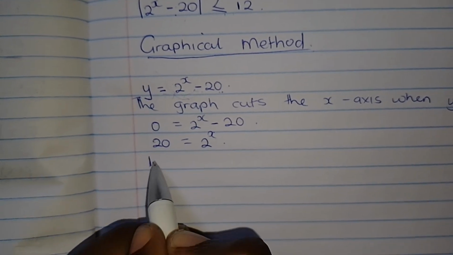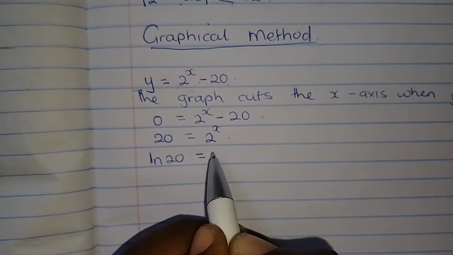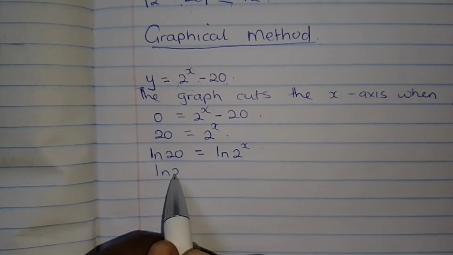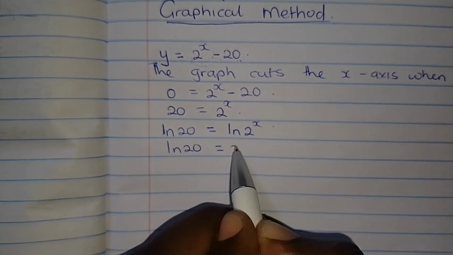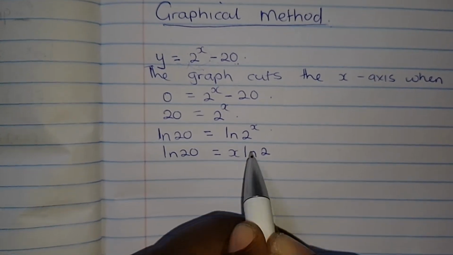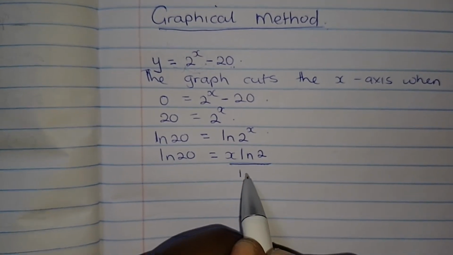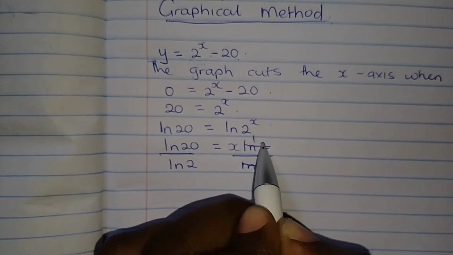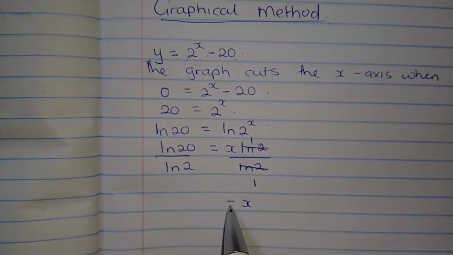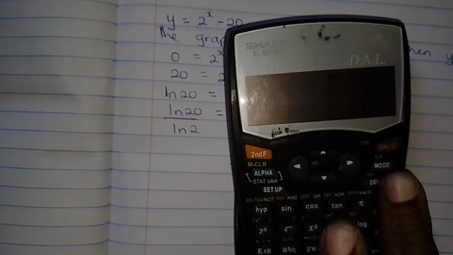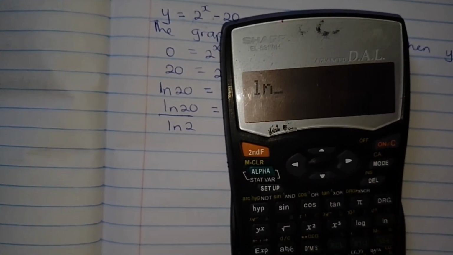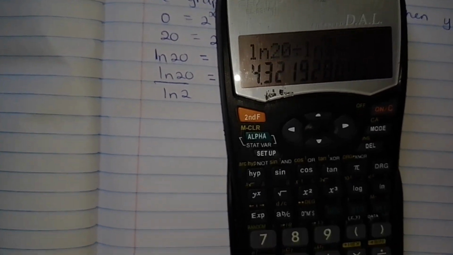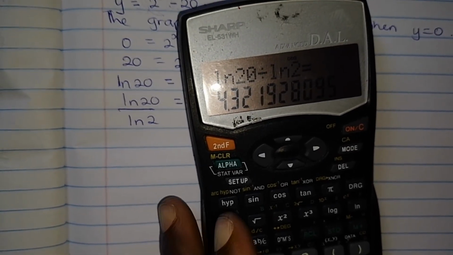Introducing ln both sides, ln 20 equals ln 2 to the power x, so ln 20 equals x ln 2. Dividing both sides by ln 2, x equals ln 20 divided by ln 2, which is 4.32.